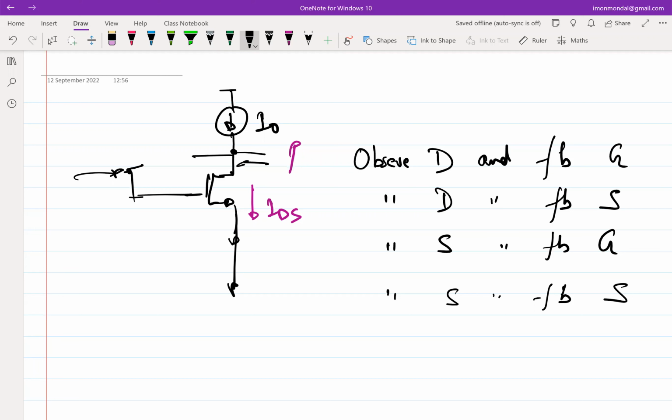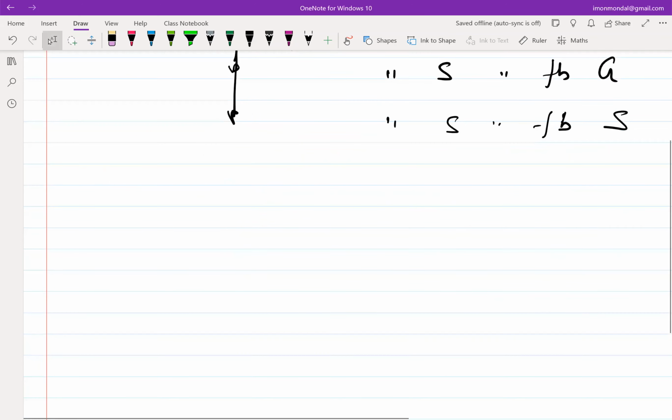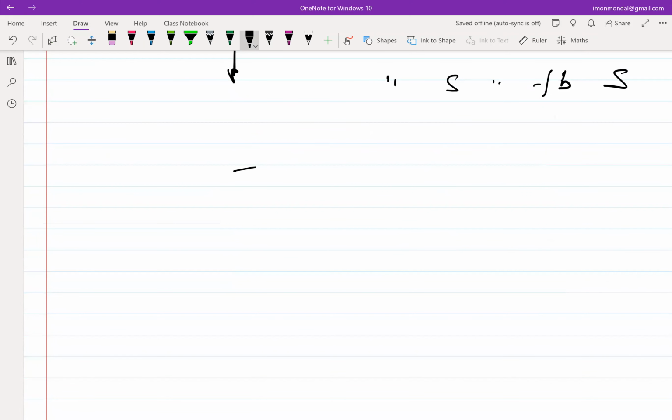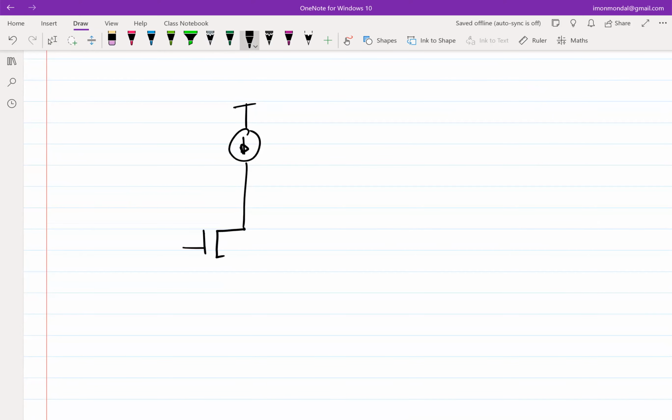Okay. So now let's continue with this case. So this will bias your transistor as you want.